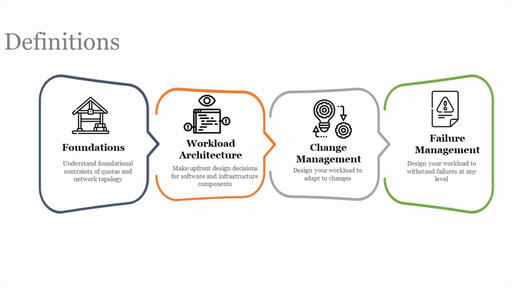Definitions. AWS outlined 4 focus areas that encompass reliability in the cloud: foundations, workload architecture, change management, and failure management. Let's go into the details of each of them to understand the best practices in these areas to achieve reliability in your cloud-based workloads.